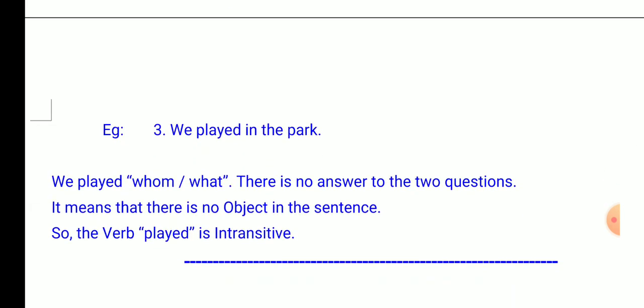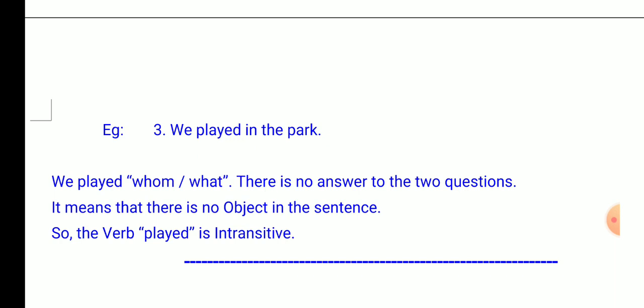Now go to the third example. We played in the park. Here, we is the subject and played is the verb. We played. Ask both the questions whom and what.